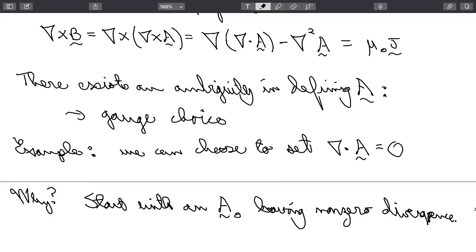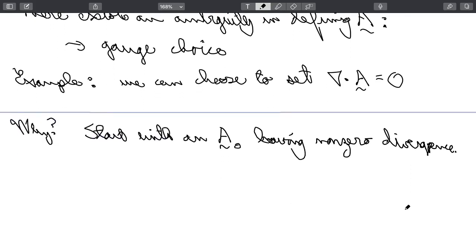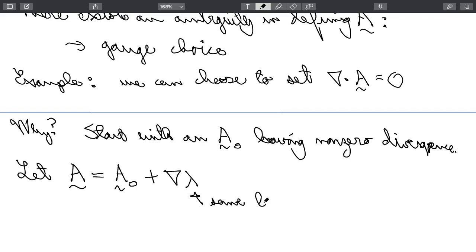We will let another vector potential, which we'll call A, be equal to this A0 plus the gradient of some to-be-determined function.